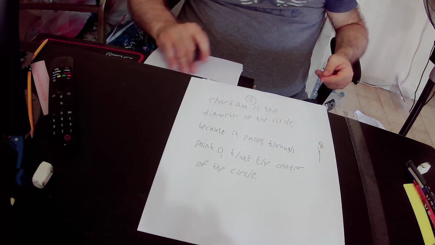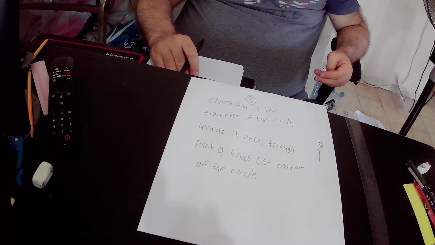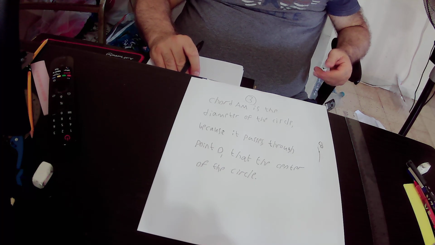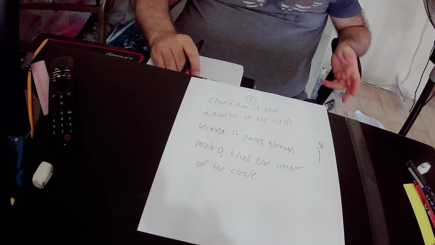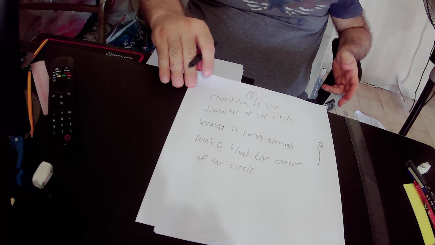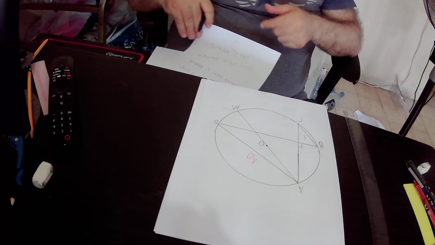Chord AM is the diameter of the circle because it passes through point O, and point O is the center of the circle. For that reason, chord AM is the diameter of this circle.